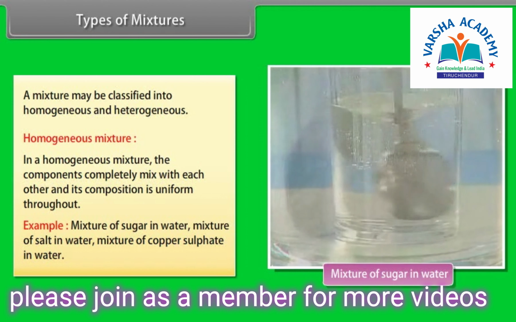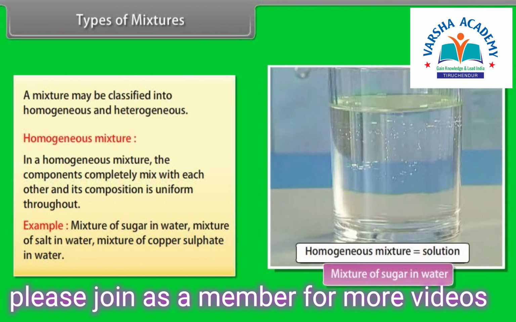Example, mixture of sugar in water, salt in water, copper sulfate in water. Heterogeneous mixture. In heterogeneous mixtures, the composition is not uniform throughout and sometimes the different components can be observed. Example, the mixtures of salt and sugar, grains and pulses along with some dirt, often stone pieces.